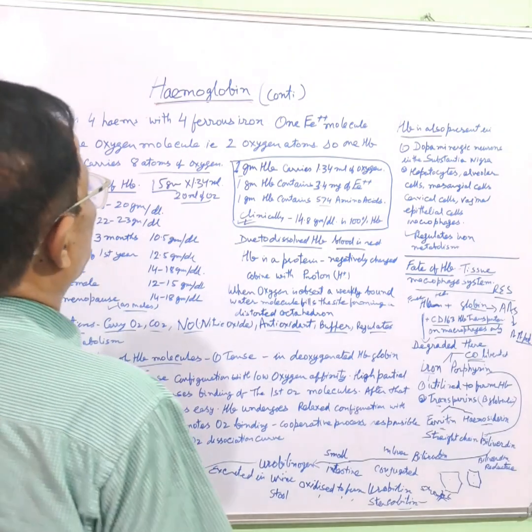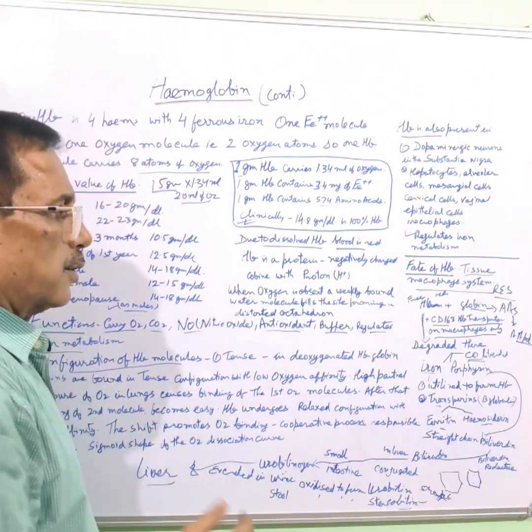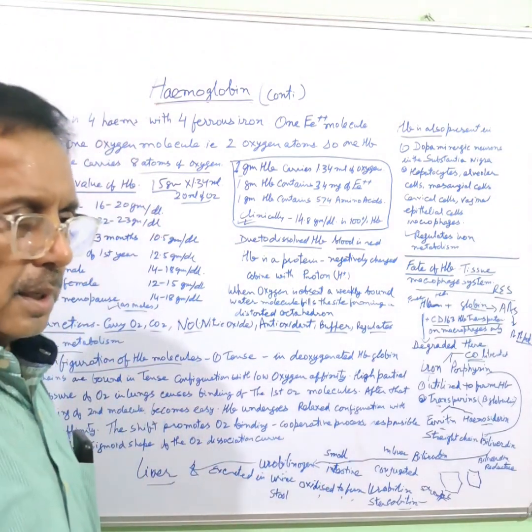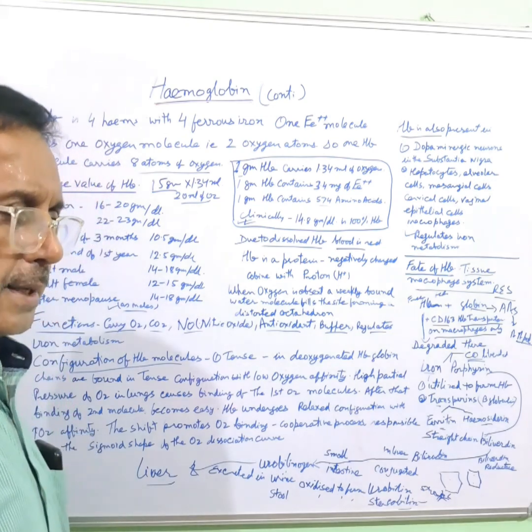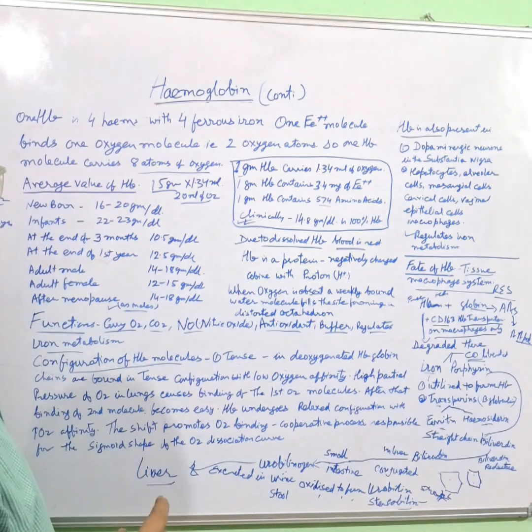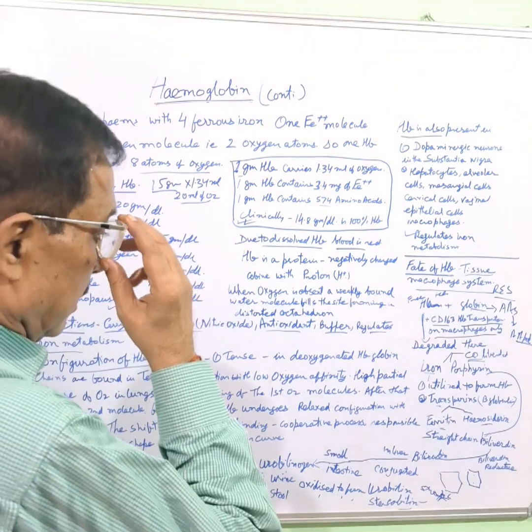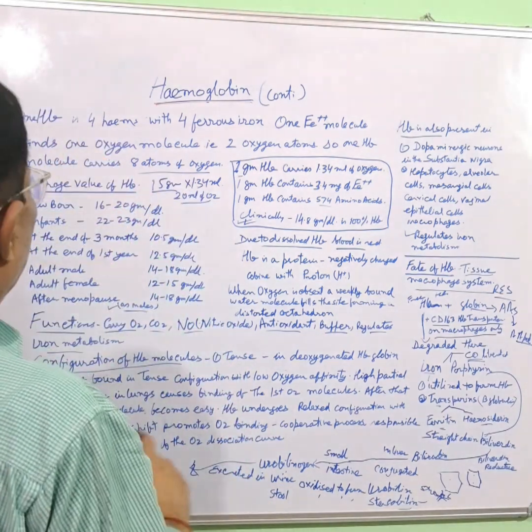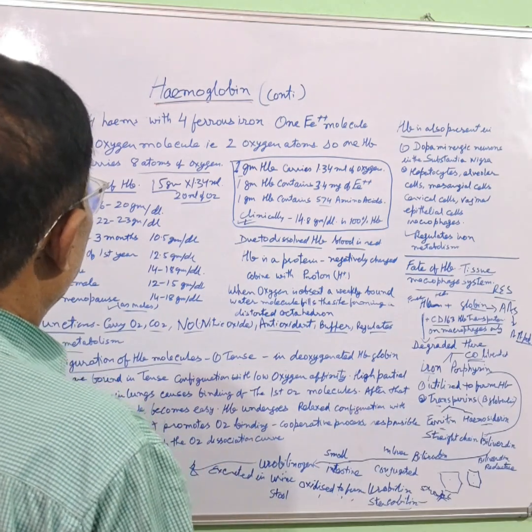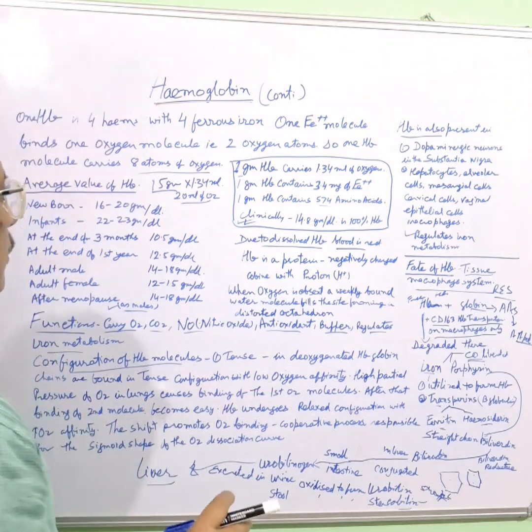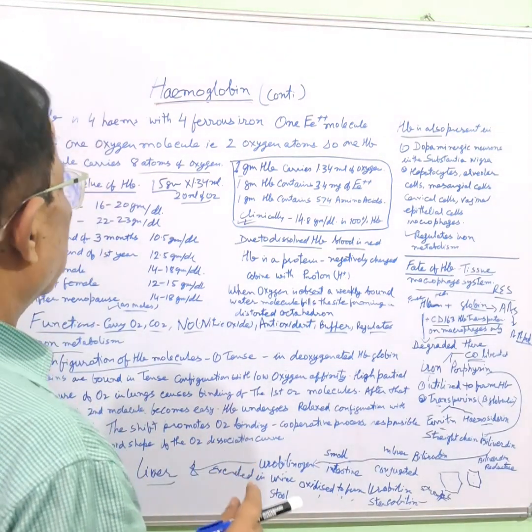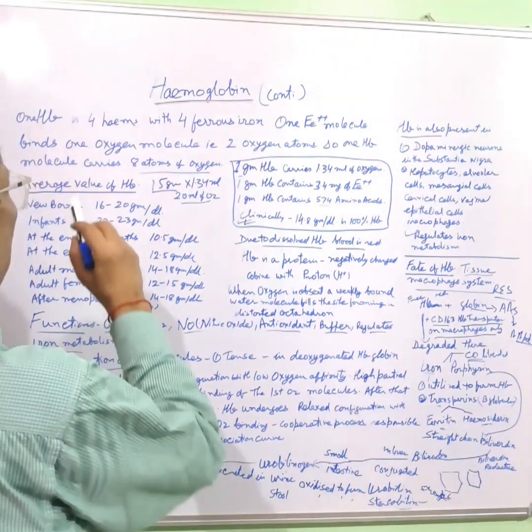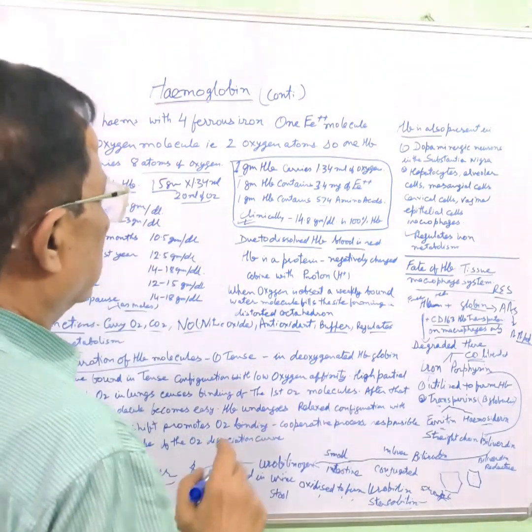Today's chapter is hemoglobin, in continuation with my previous lecture. If you have not seen it, please see that one. Hemoglobin has 4 haems with 4 ferrous iron, and one ferrous iron binds one oxygen molecule, that is 2 oxygen atoms.